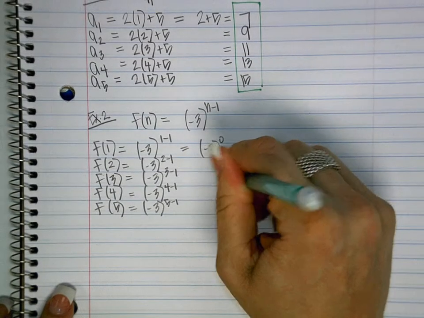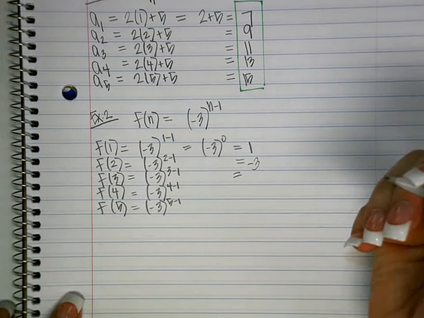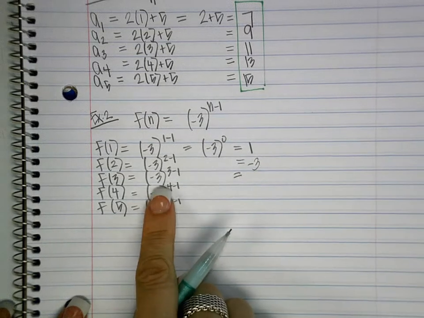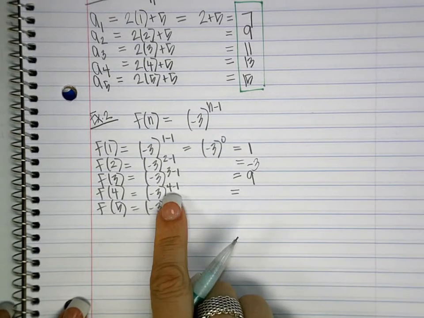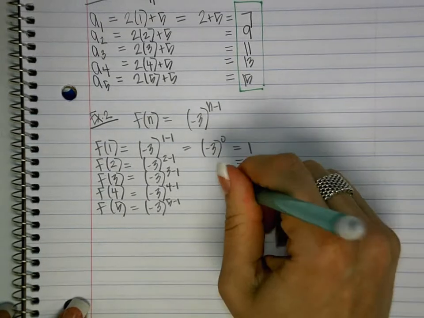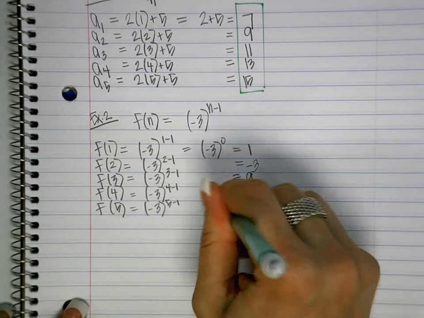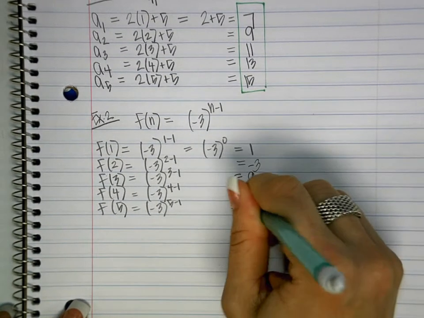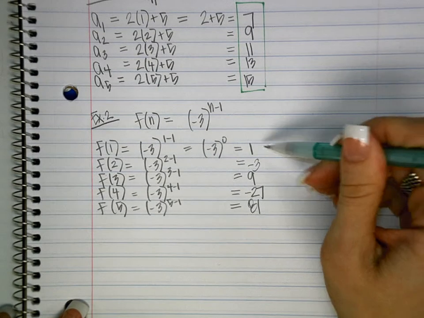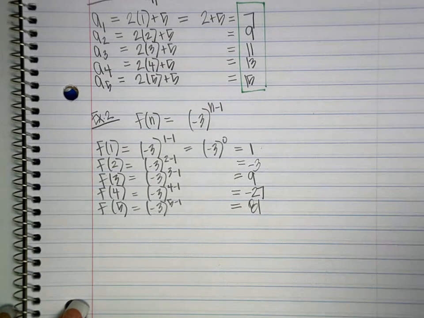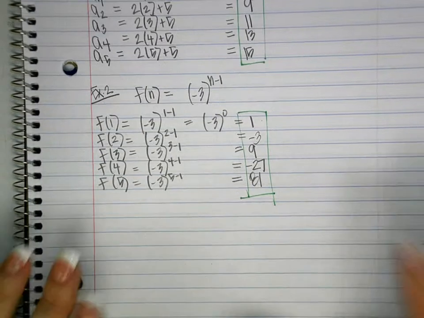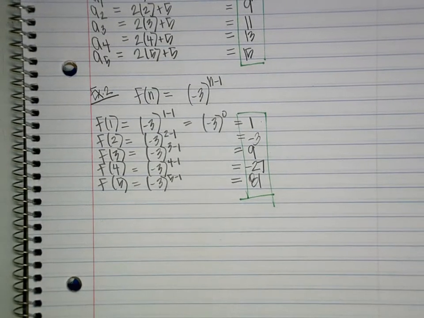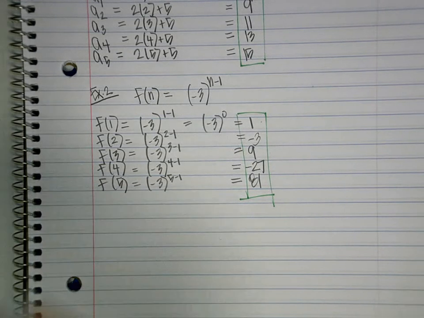Okay, what is f of 3? Positive 9. Okay, f of 4? Negative 27. And f of 5? Positive 81. So it is okay for it to go positive, negative. It is totally possible to be switching between positives and negatives. Anyone have questions yet? Should be fairly simple, right? Okay, let's try another one. This will be the last one of this kind.